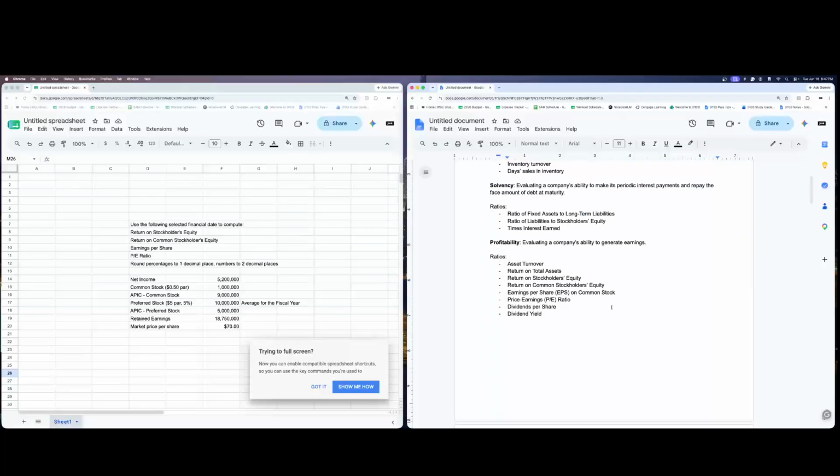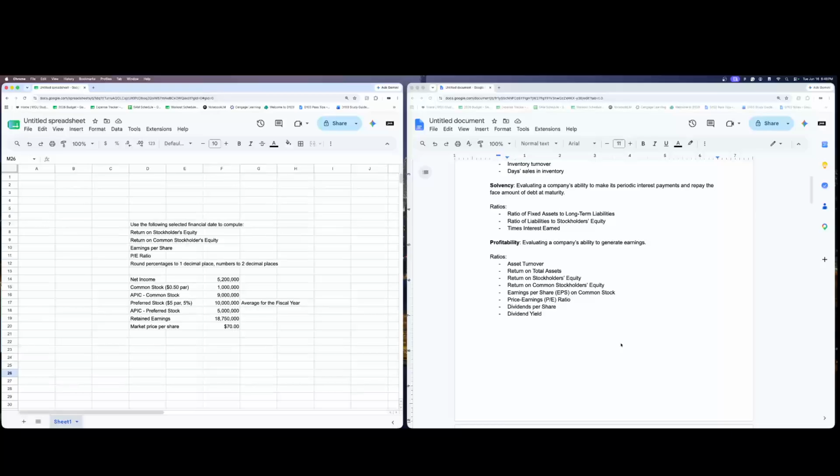And finally, it's going to be based off profitability, the ratio of profitability. Evaluating a company's ability to generate earnings. Like, how well does this company generate earnings?